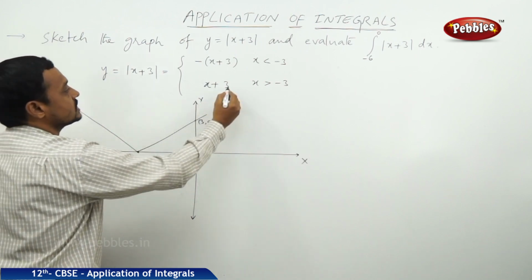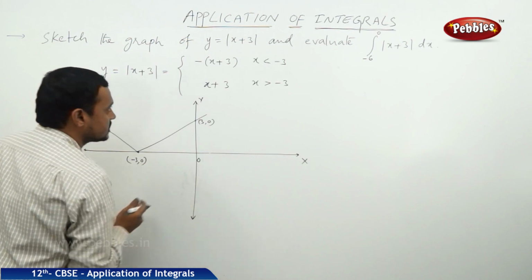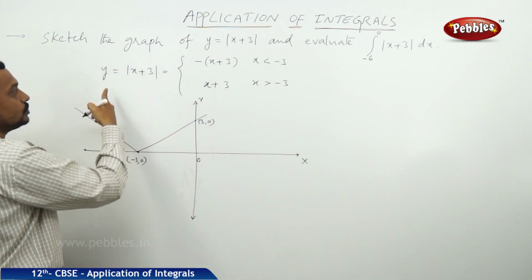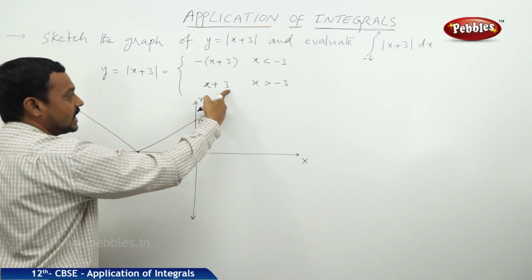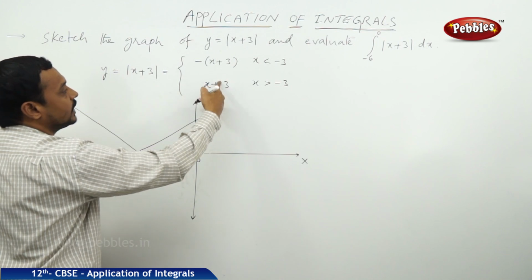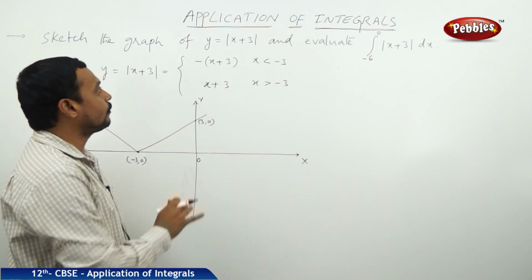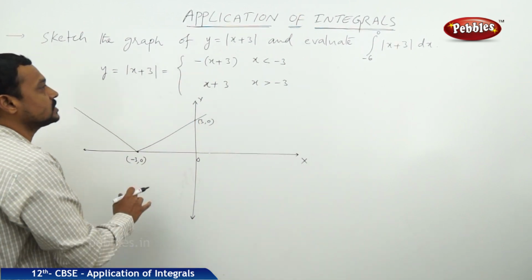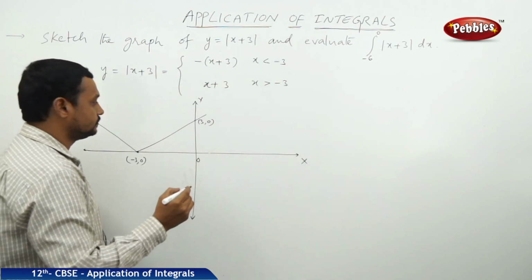Now in the second case, when x value is more than minus 3, that means after minus 3, the curve is y is equal to x plus 3, which is in the form of y is equal to mx plus c. Now it represents a straight line whose y-intercept is 3 units, like this. So this is the graph of the given curve. Now let us evaluate integral minus 6 to 0 mod x plus 3.